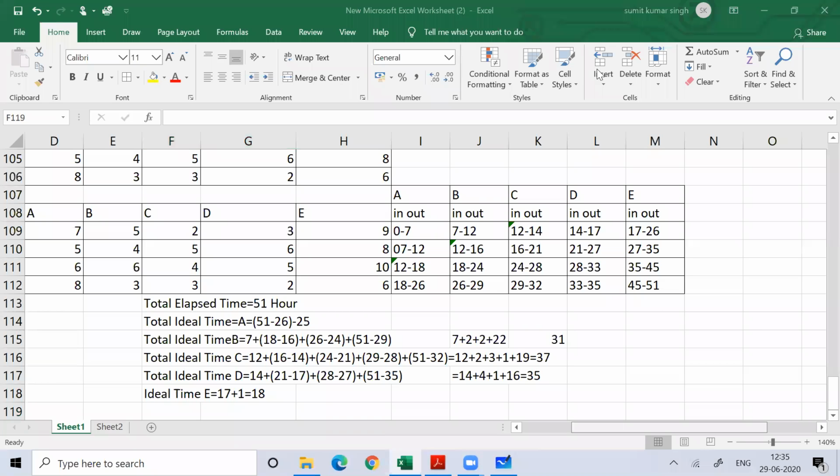Okay, guys. Very easy. I hope you understood. Every year in your exam, this question comes. So I believe you are clear with this.